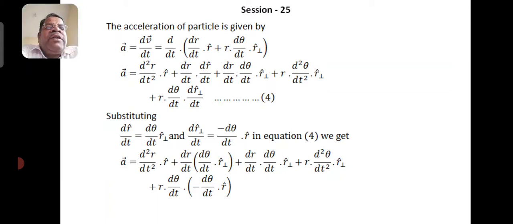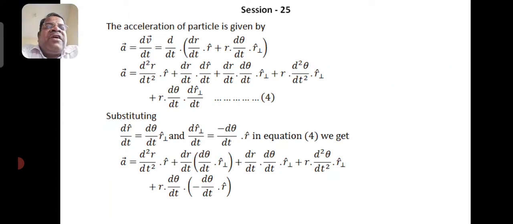First you have to differentiate r, dr by dt. Write the remaining two terms as it is, that is d theta by dt, r perpendicular cap. Plus, now put r as it is, differentiate d theta by dt, you get d square theta by dt square and write the third term as it is, r perpendicular cap.